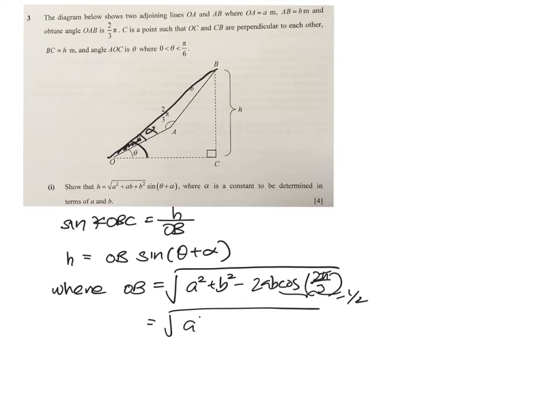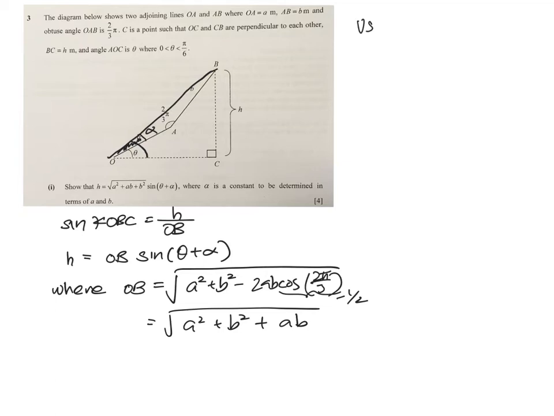So that will give us square root of a square plus b square plus ab. So this is the length of OB. Now, how about alpha? How do we solve for alpha? Because we are told to find alpha in terms of A and B. So looking at the triangle OAB again, we can make use of the side and the angle to find alpha using sine rule.